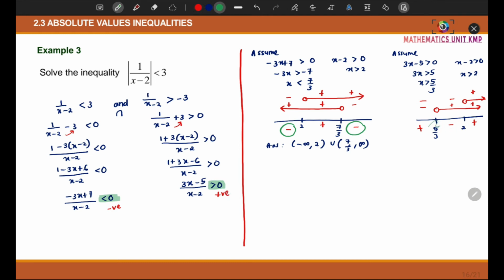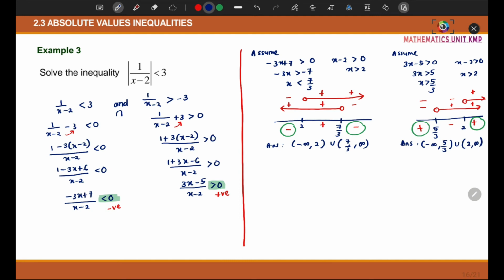So this part and this part. The answer should be from negative infinity to 5/3, open bracket, and then union from 2 to infinity.